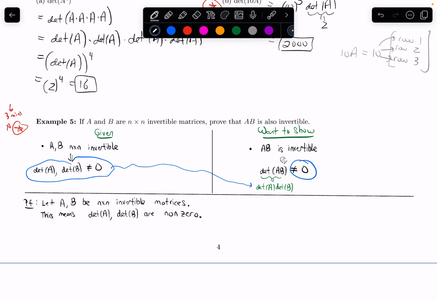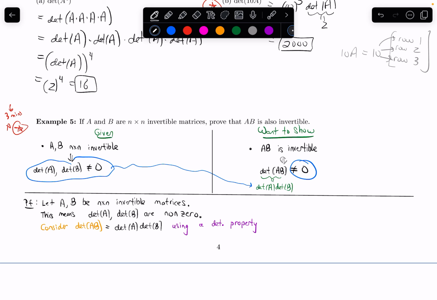And just like we did in the scratch work, now I'm going to consider the determinant of A times B. So let us consider the determinant of A times B. And I'm going to use my determinant property to say that this equals the determinant of A times the determinant of B. And that's using a determinant property.